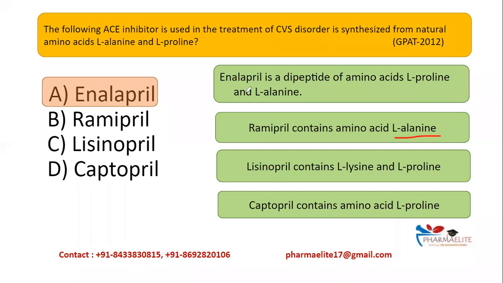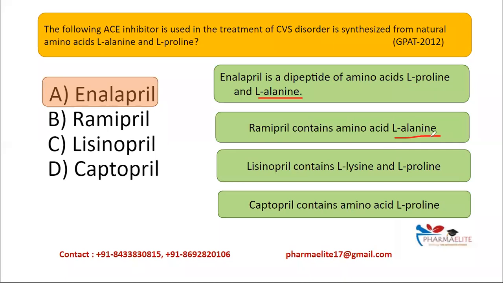Okay, so enalapril contains L-proline and L-alanine. Ramipril contains only alanine. Lisinopril contains lysine and proline both. And captopril contains only proline. So you have to read the question carefully here. The question says, which ACE inhibitor contains both the amino acids, that is alanine and proline.